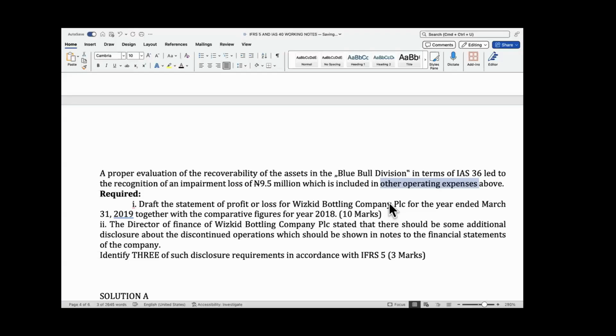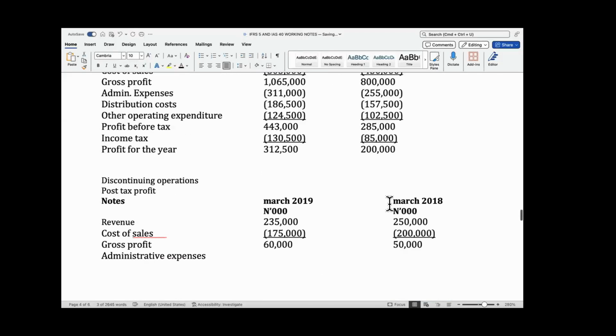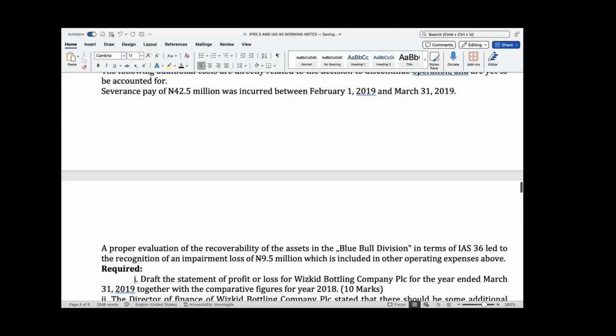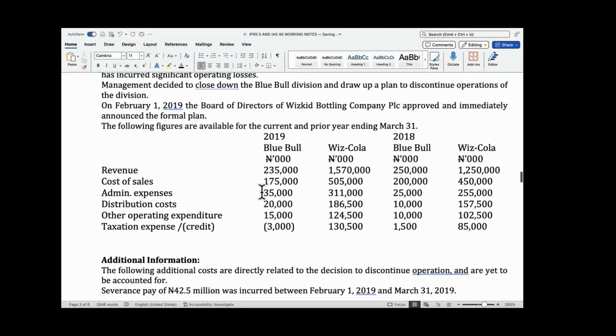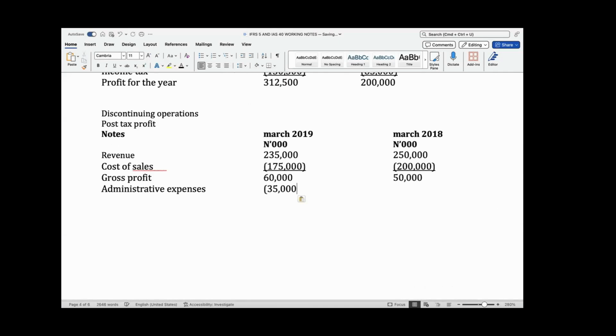So we need to also remember to consider that as well. Okay, my admin expense for this one is 35,000. Well, this one is 25,000.